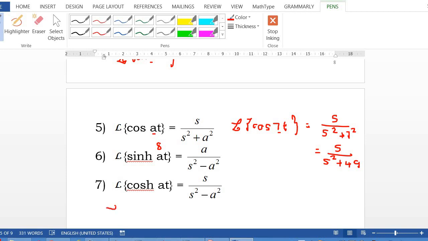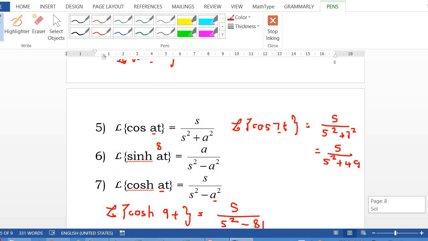So hence, if I say the Laplace transform for cosh 9t, replace a here by 9. It will be s over s squared minus 9 squared, which is 81.